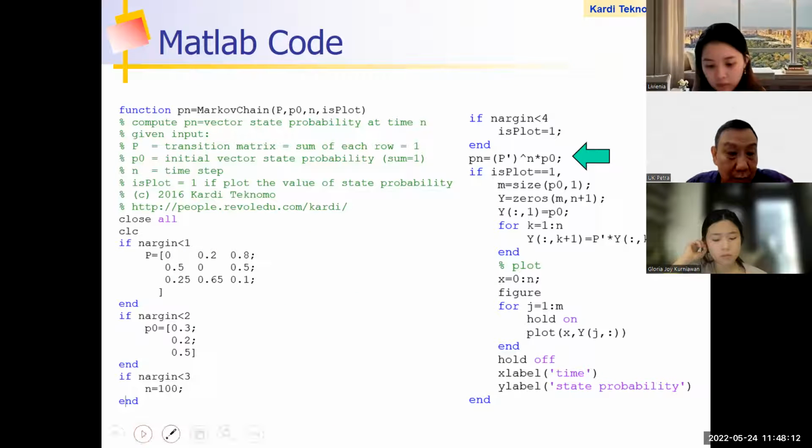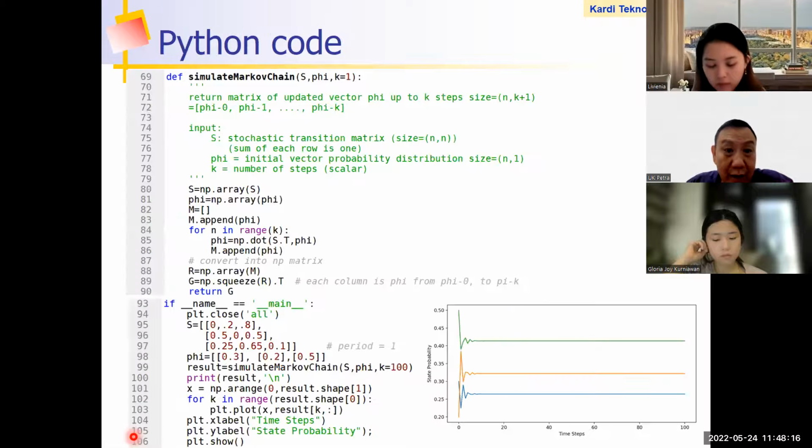So let's do it. This is in MATLAB. I also created it in Python. All you need to do is copy this into Python. It's a simulation of the Markov chain given S and V0.